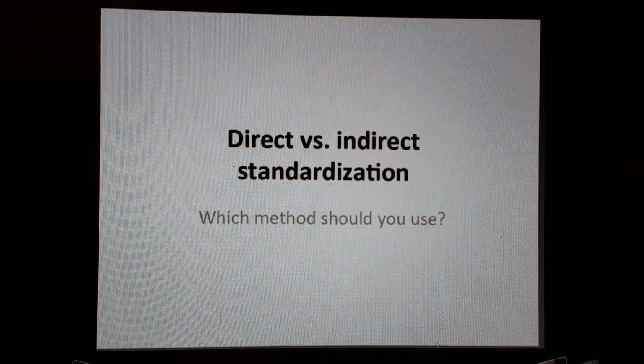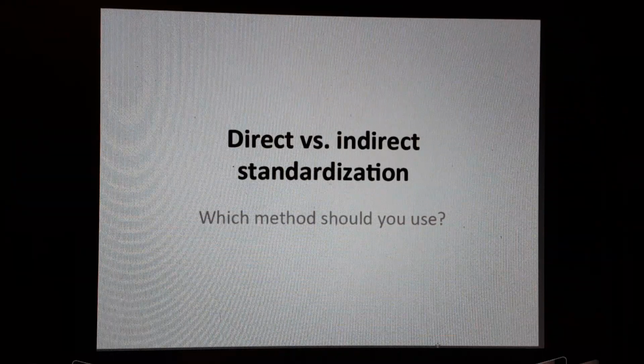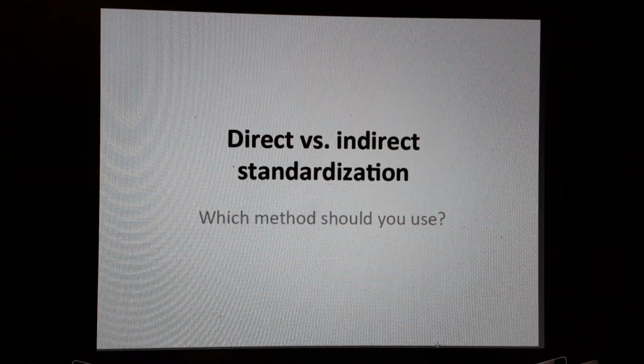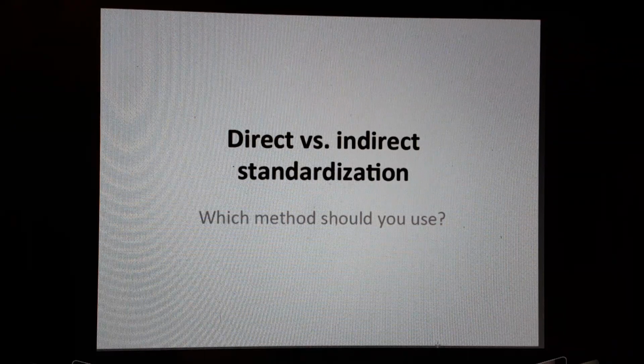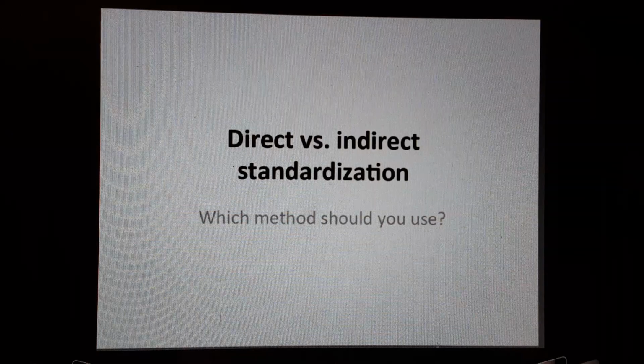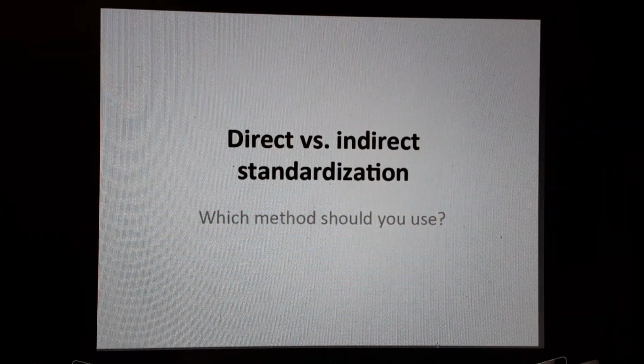So there you go. You have gone through both direct and indirect standardization methods. It's not too bad. We will go through lots of examples in the class, just so you get really, really comfortable with it. So now you might be interested in, when do I use direct standardization versus indirect standardization?